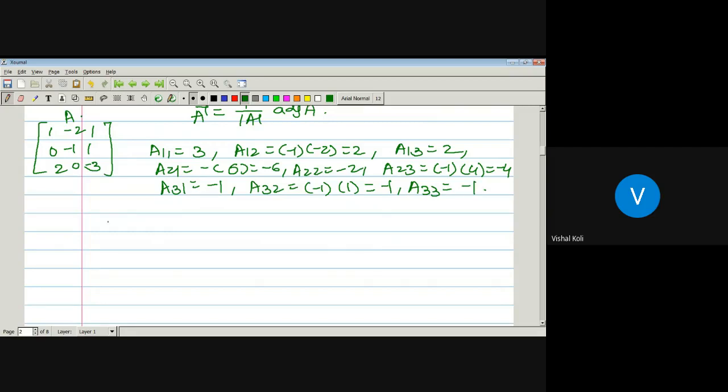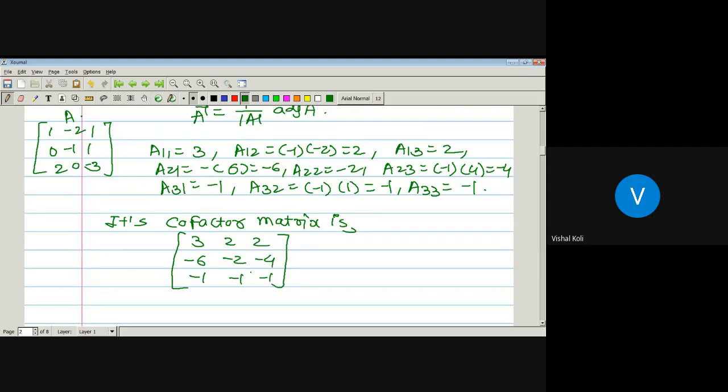Okay, so its cofactor matrix is this one: 3, 2, 2, minus of 6, minus of 2, minus of 4, minus of 1, minus of 1, minus of 1.